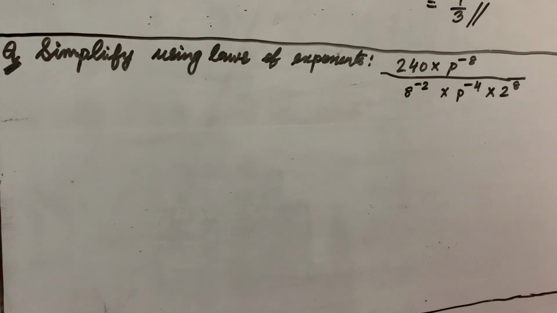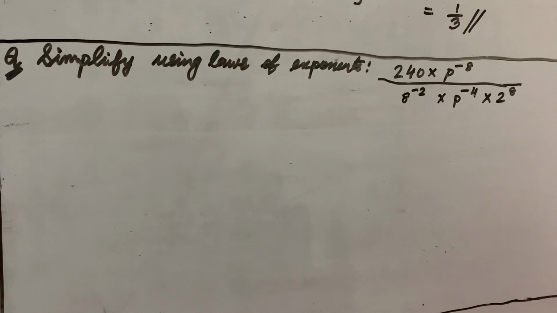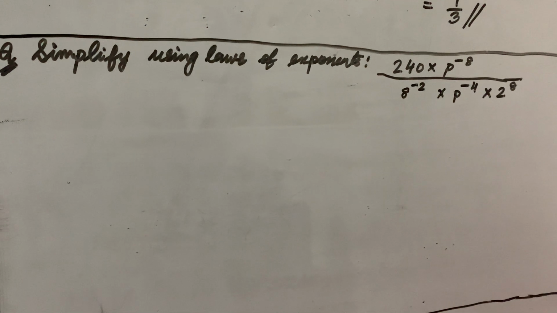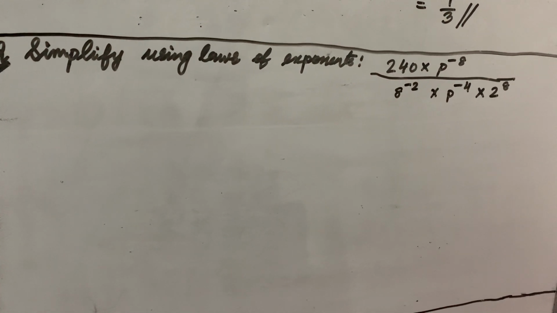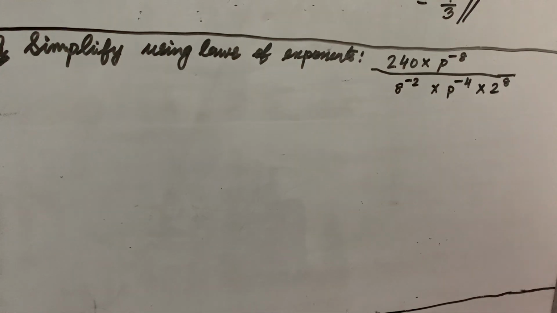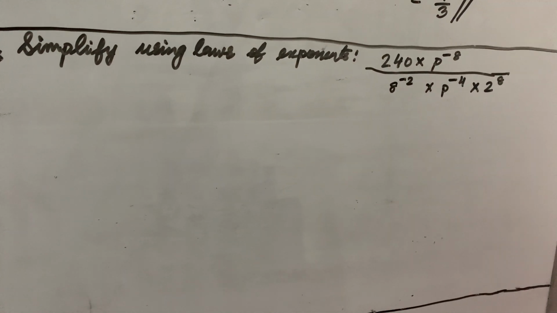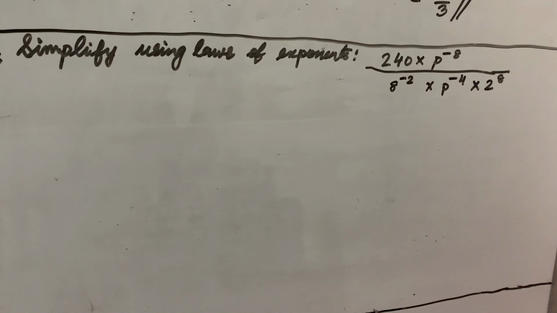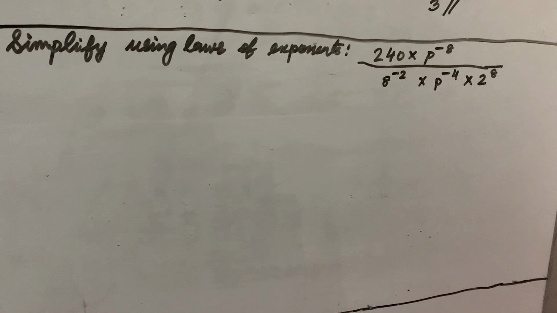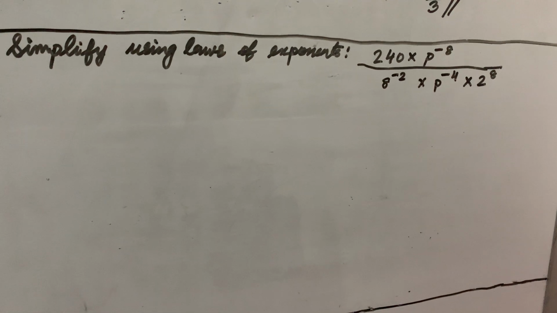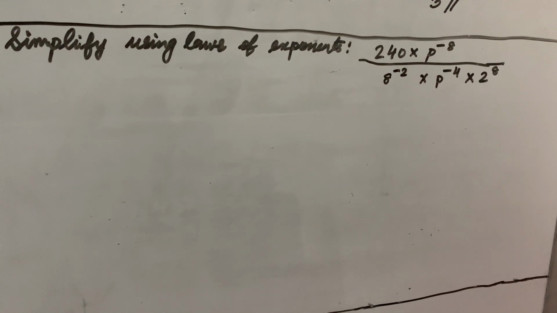Question is: simplify using laws of exponent. 240 into p to the power minus 8 divided by 8 to the power minus 2 into p to the power minus 4 into 2 to the power 8. Now let's see how we can put across 240 in terms of multiplication of some smaller numbers.